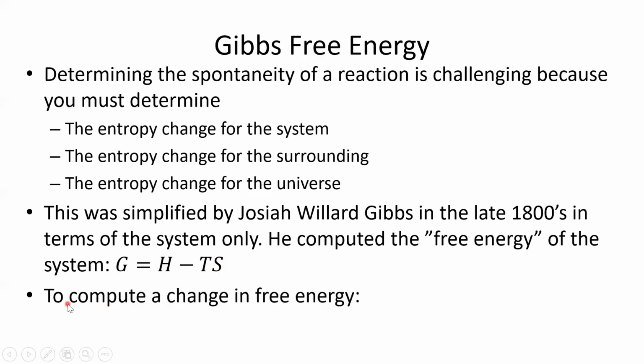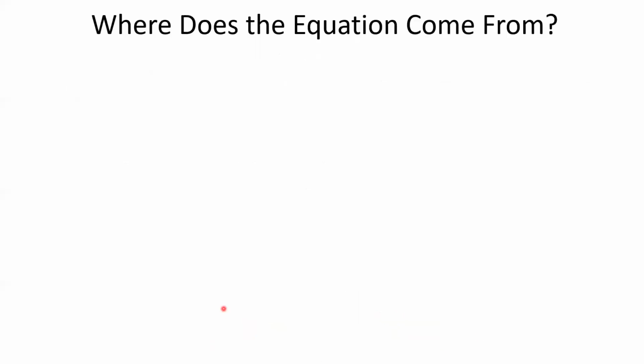Now, if we want to calculate the change in free energy, we would just have to take the change in the Gibbs free energy value equals the change in enthalpy minus T delta S, or temperature times the change in our entropy. So this is a pretty big equation in thermodynamics.